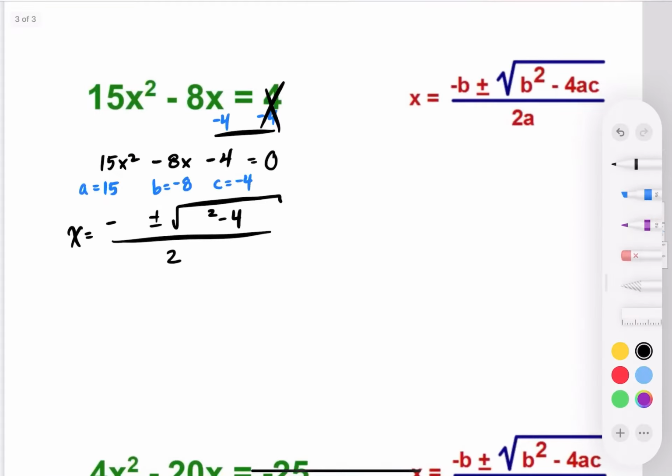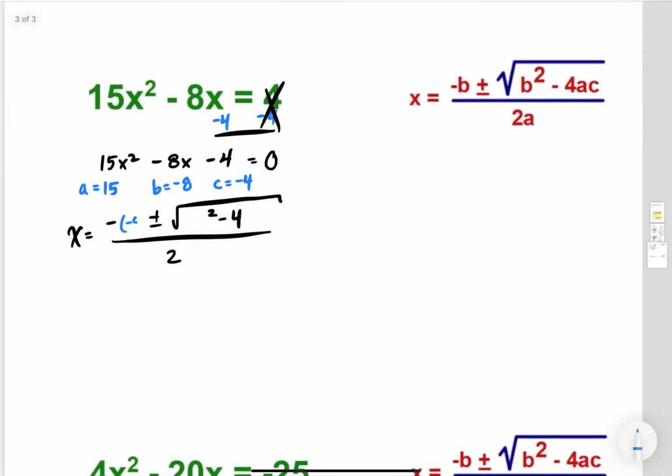So now I'm going to plug everything in. So negative b, so negative 8. Plus or minus the square root of b squared, so negative 8 squared, minus 4 times a, which is 15, times c, which is negative 4, all over 2 times a, so 2 times 15.